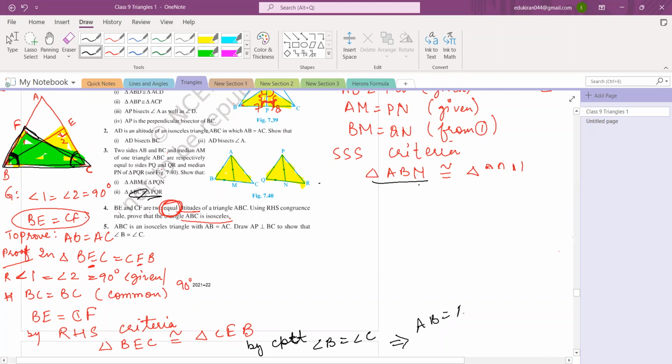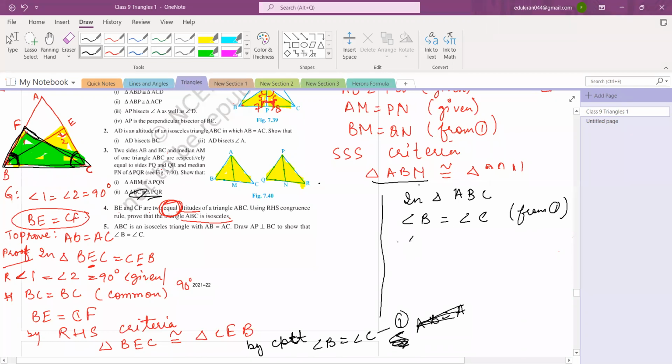So AB is equal. No, not like here, right here. Now in triangle ABC, so now we are looking at the complete triangle ABC. So we have angle B is equal to angle C. We can call it 1. So from 1, since angles are equal, this implies that AB is equal to AC. Why?